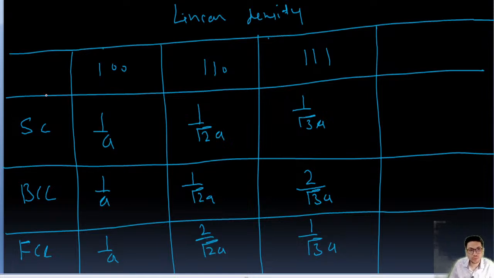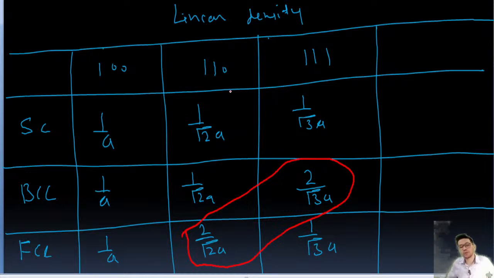So very simple. See, 1 upon a, 1 upon a, 1 upon a, and 1 upon root 2a, 1 upon root 3a everywhere. Only in this place you need to change. That's all. For FCC it is going to be 2 upon root 2a and 2 upon root 3a.